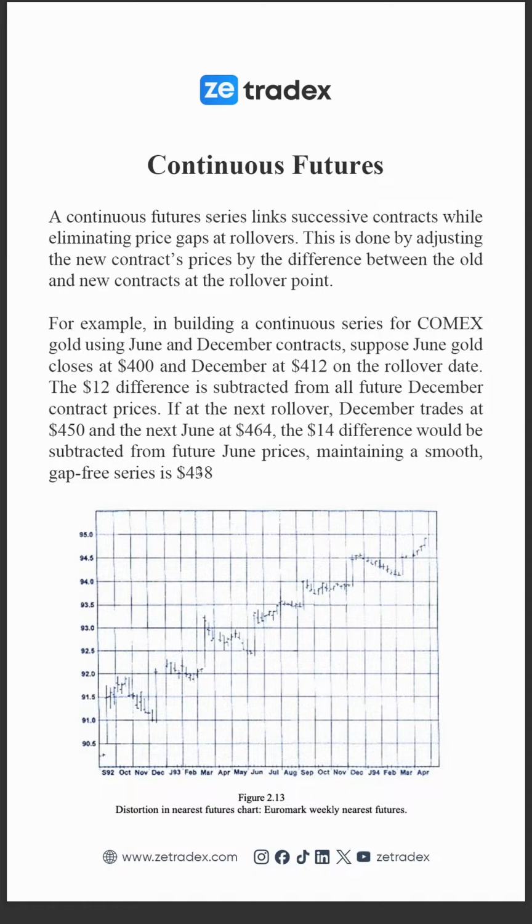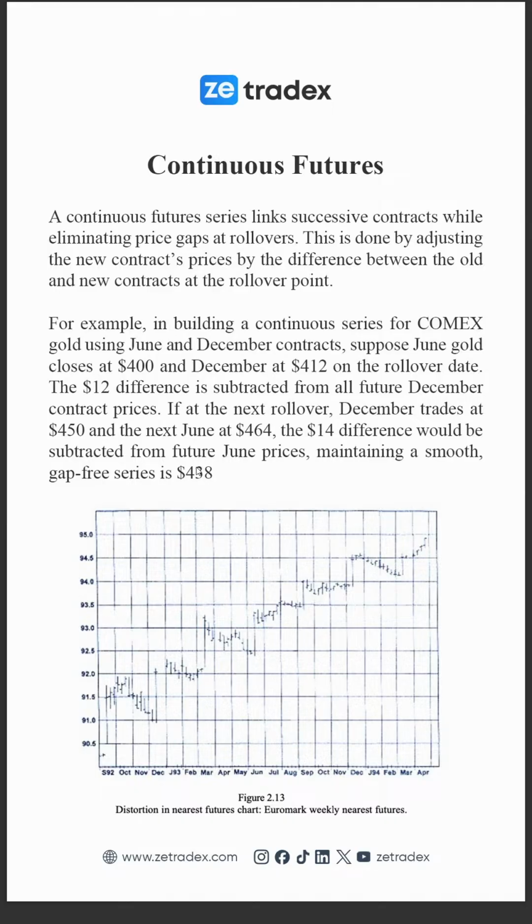Now, we'll be talking about continuous futures. A continuous futures series links successive contracts while eliminating price gaps at the rollovers. This is done by adjusting the new contract prices by the difference between the old and the new contracts at the rollover point. For example, in building a continuous series for COMEX gold using June and December contracts, suppose June gold closes at $400 and December at $412 on the rollover date; the $12 difference is subtracted from all future December contract prices.